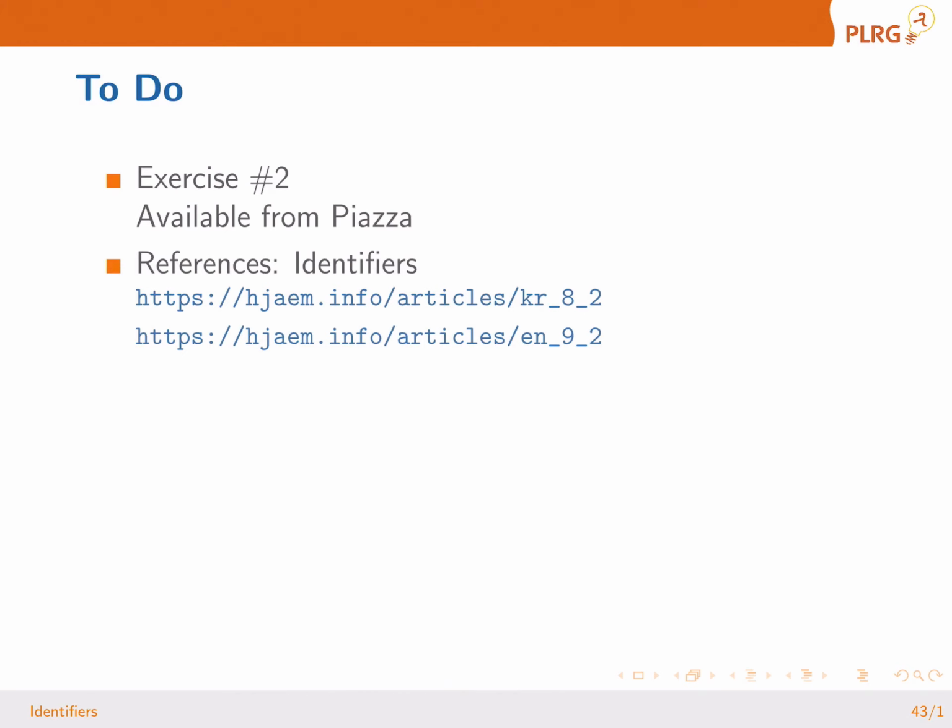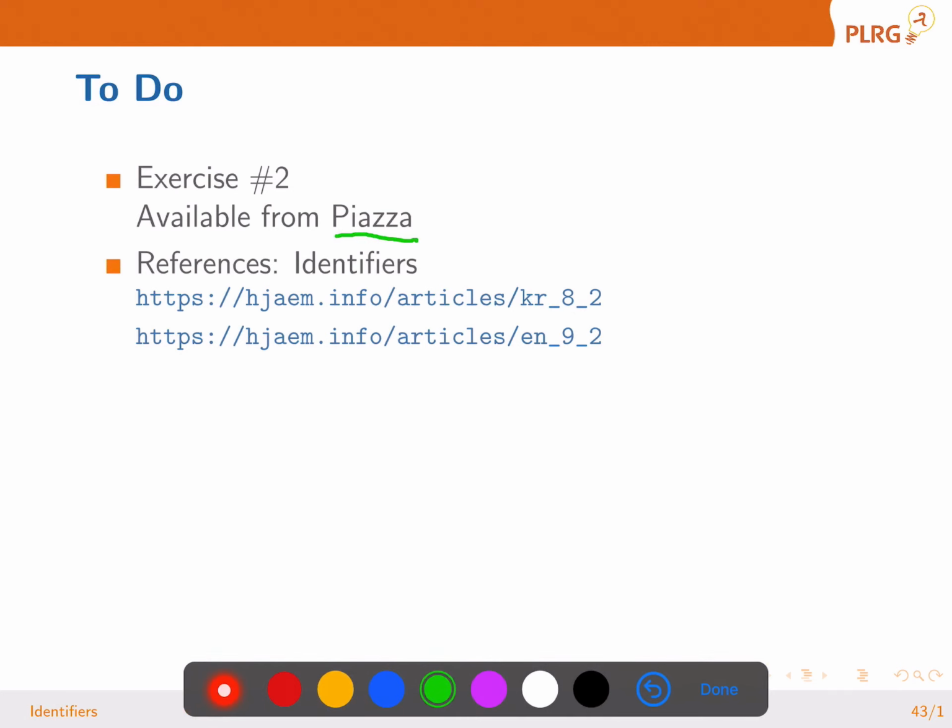Now, exercise number 2 is available. It's available from Piazza as usual, and we are not going to grade your exercise solution. As I explained last week, we used to have 10 or more homework and grade them and gave you some tests, but because there could be some solutions out there that are not fairly distributed between students, we decided to make them exercises and give you guys solutions in a week so that you can study.